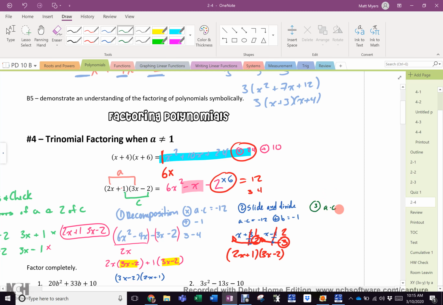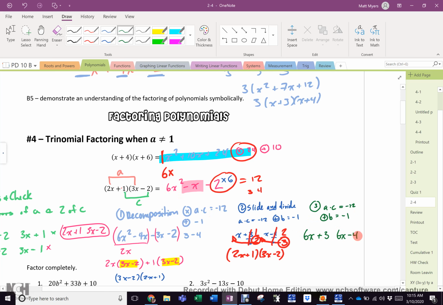A times C to equal negative 12, add to B, which is negative 1, right? So in this one, instead of doing x and x, we keep the 6. 6x plus 3 and 6x minus 4. Everybody cool?